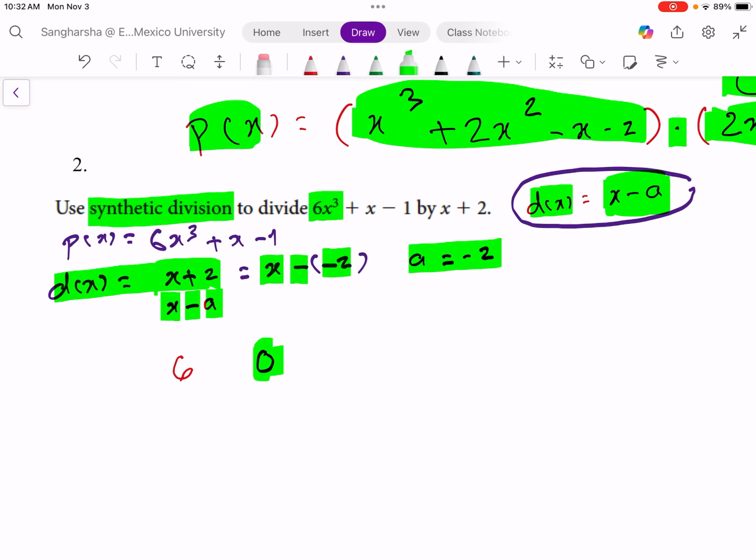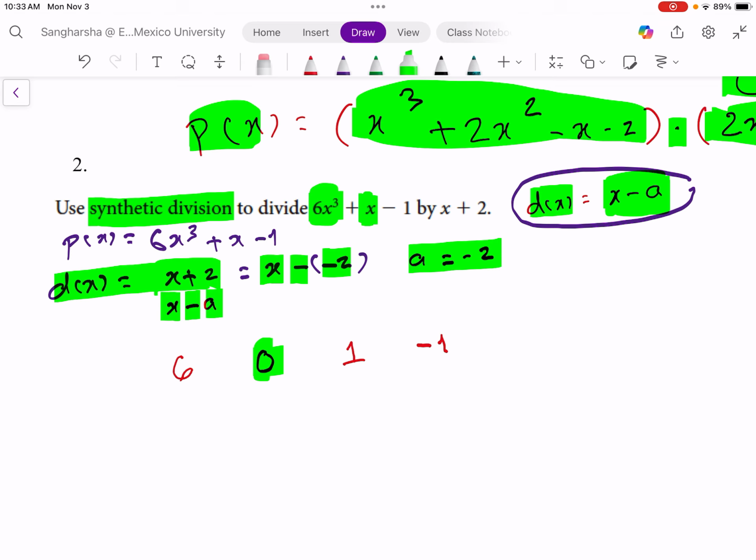After the x square term it comes x, and what is the coefficient of this x? It's 1, and at the end we have a constant -1. We are writing the coefficient of each term, and if there is any missing term in the middle, then we use 0. So we have x cube as the first term.